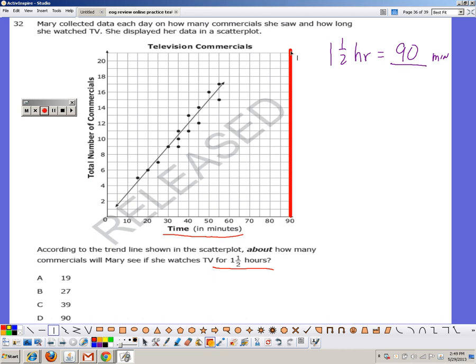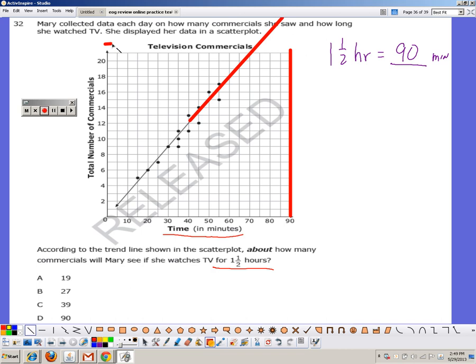Now, we want to know, according to a trend line or a line of best fit, how many commercials that is. The easiest thing to do is to extend this trend line. Okay, so this will be low. And you're counting by ones.